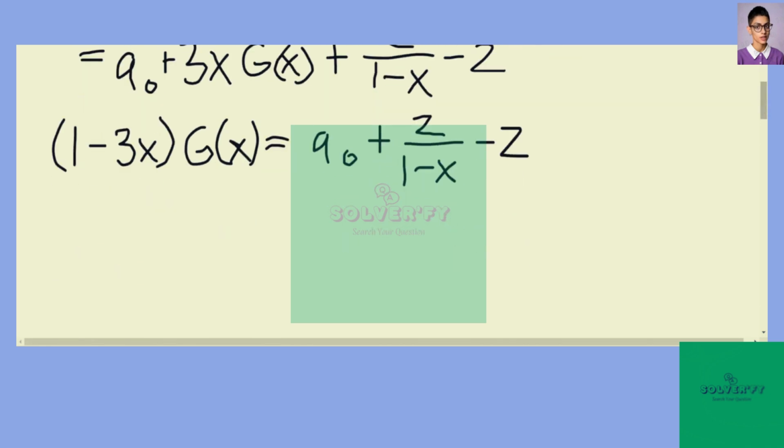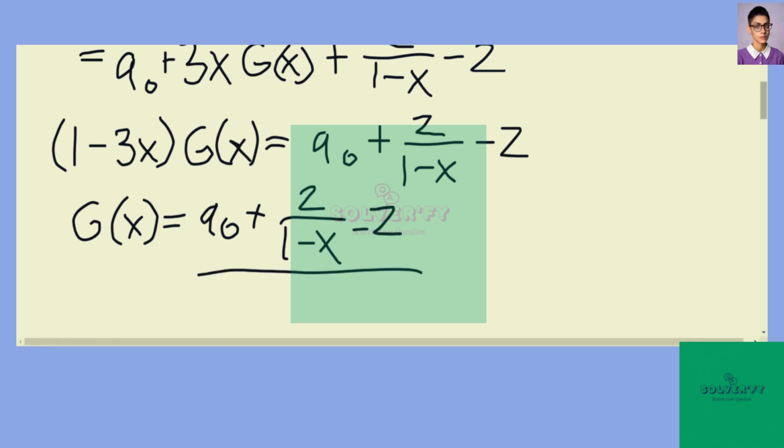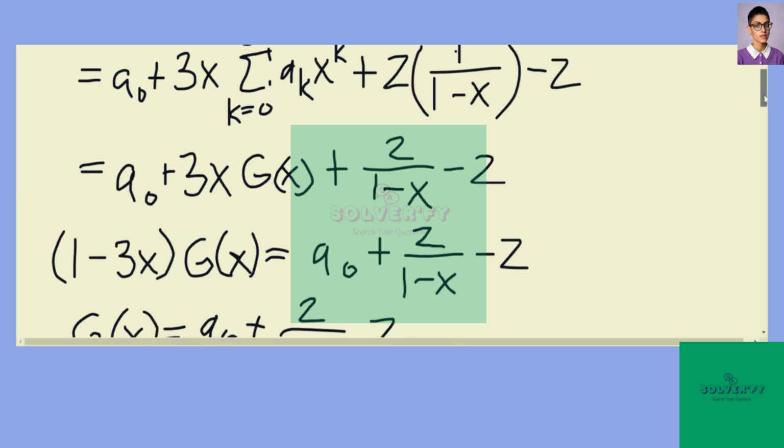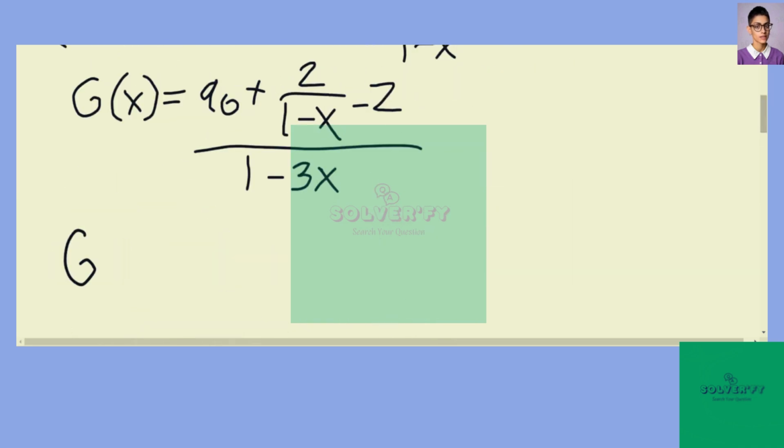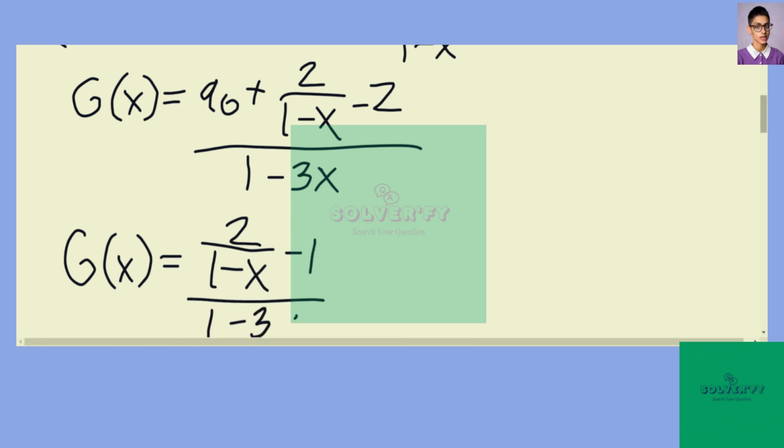And so we have that g(x) is equal to a_0 plus 2 over 1 minus x minus 2, divided by 1 minus 3x. And therefore, if we take a_0 to be 1, we have that g(x) is equal to, 1 minus 2 is negative 1, so 2 over 1 minus x minus 1, over 1 minus 3x.